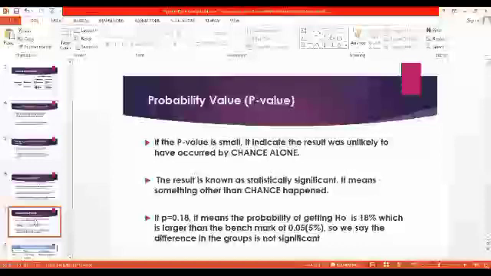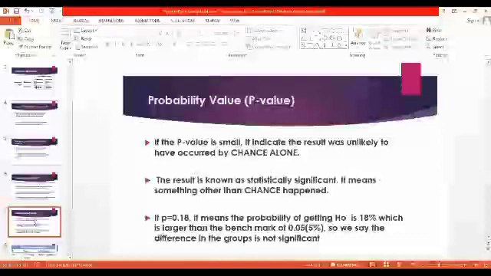However, a typical example is if you have a p-value, a probability value, of 0.18. It means the probability of getting the null hypothesis is 18%. I repeat, the probability of getting the null hypothesis is 18%. And what is our null hypothesis?